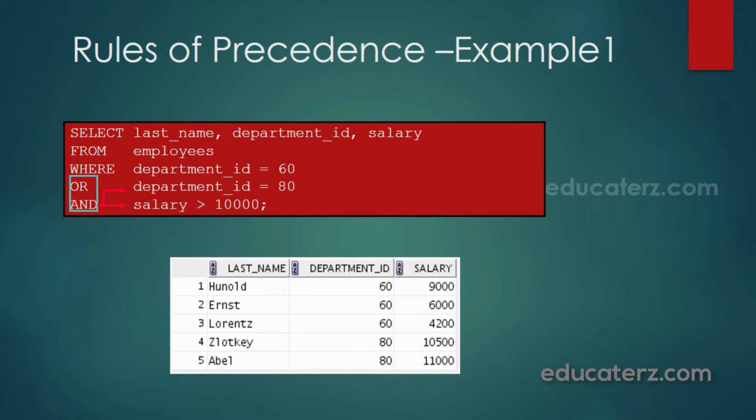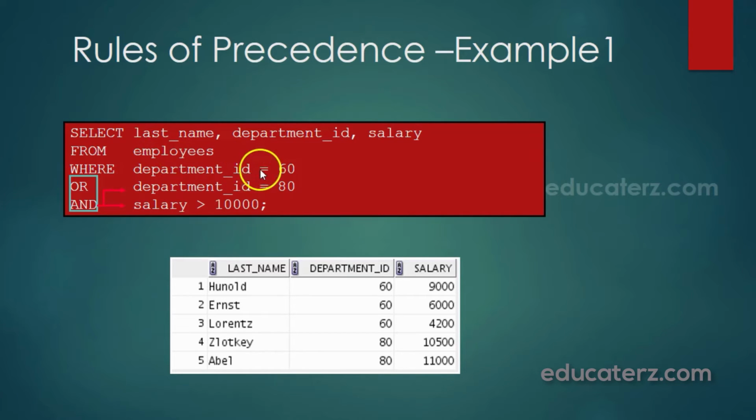So let us take an example. Example 1, rules of precedence. We want to retrieve the details of the employees such as last name, department ID and salary, where department ID is equal to 60 or department ID is equal to 80 and salary is greater than $10,000. In the WHERE clause, we are using different operators.